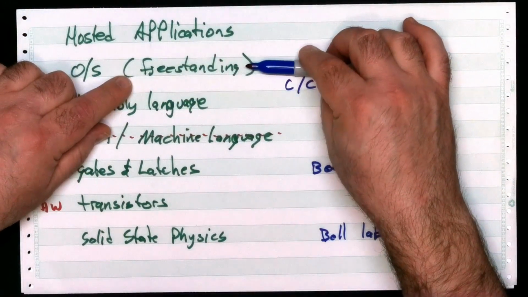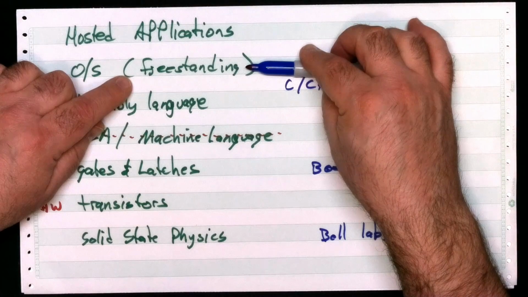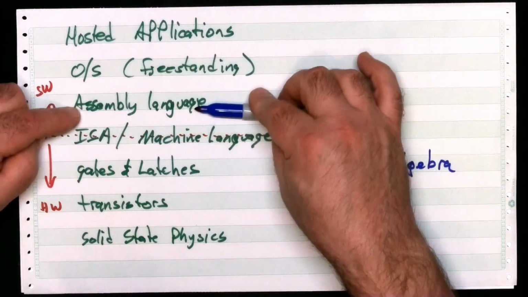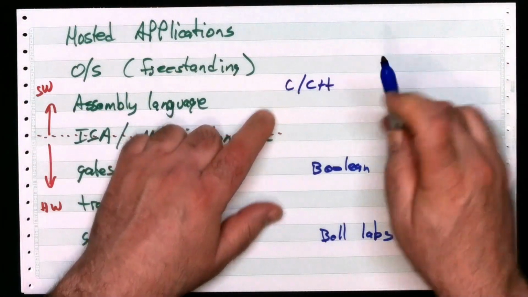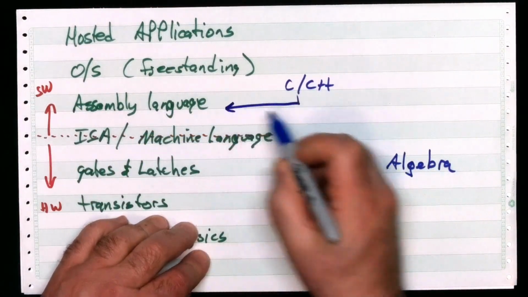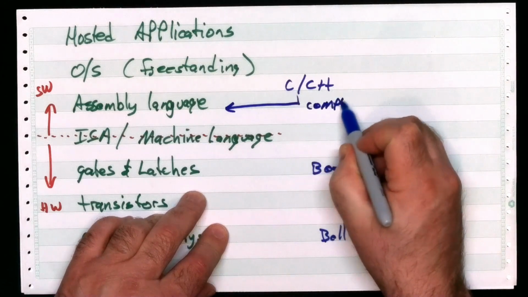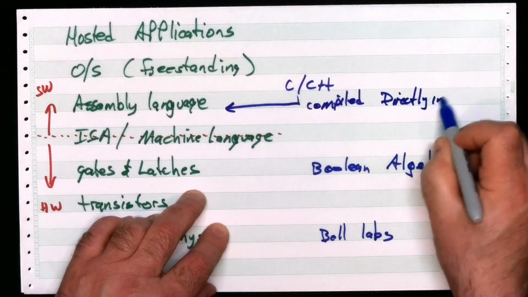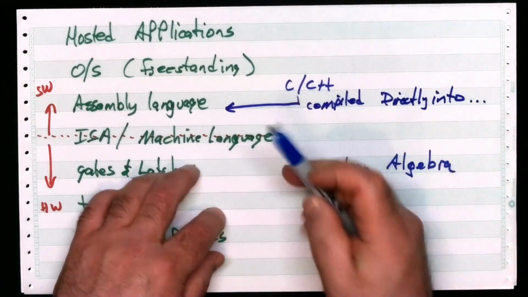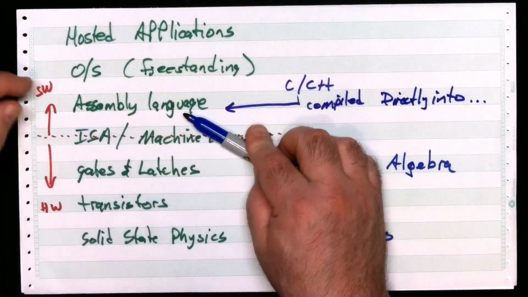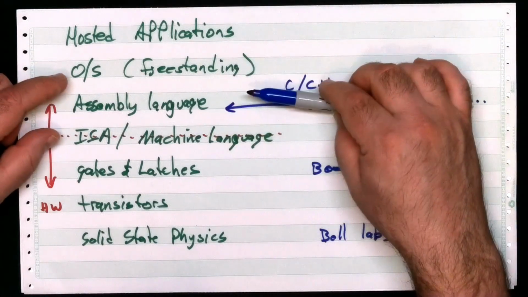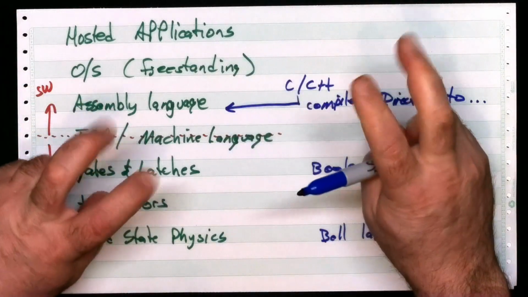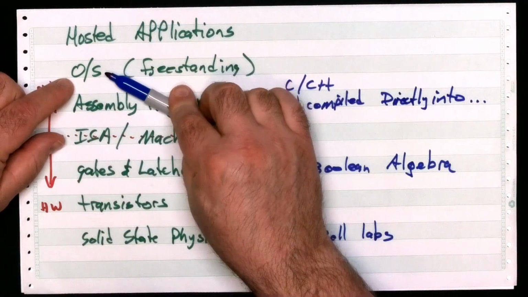It's a freestanding program, where freestanding is defined as a program written in either assembly language or a language like C and C++ that can be compiled directly into assembly language, okay? Such that the code in a freestanding program needs no help from another program, like an operating system.